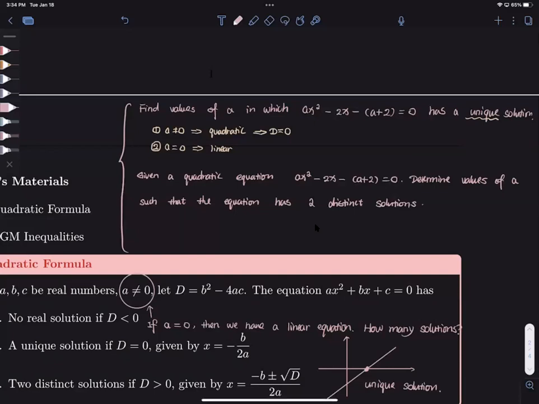Okay, it's quite similar. And now you have a few keywords. One is, well, it's quadratic. Two is it has two distinct solutions.